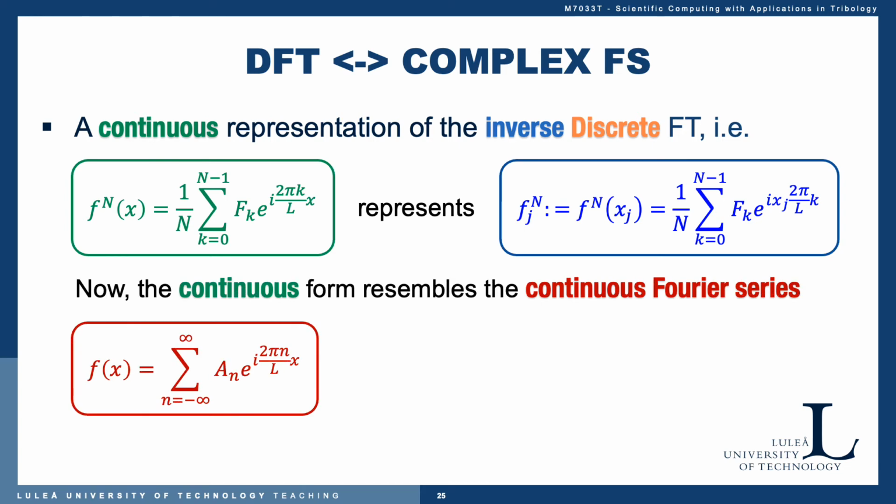Now, the continuous form of this inverse discrete Fourier transform in green actually resembles the continuous Fourier series quite a lot. Can you see the resemblance? I'm sure you can. There is a factor 1 over n in front of it, and of course the continuous Fourier series goes from minus infinity to infinity.